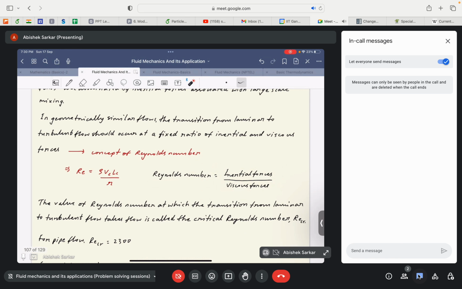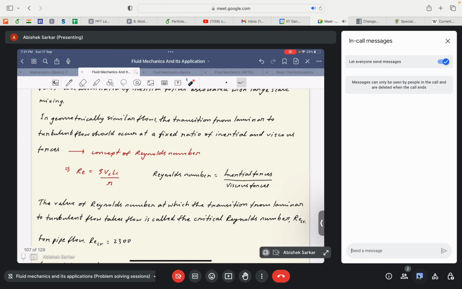But again, a simple definition of Reynolds number being high in turbulent flow or low in laminar flow is not sufficient, right? We need a distinct demarcation that says below this value the flow would be laminar, and above this value the flow would be turbulent.